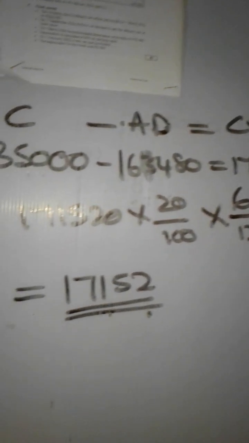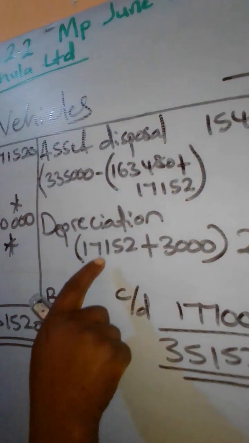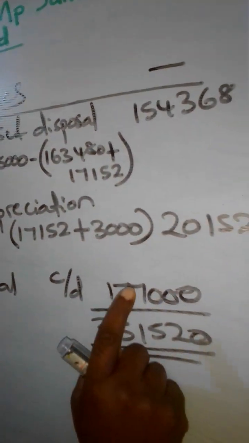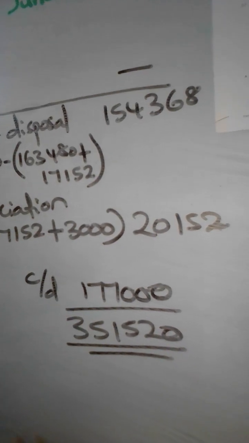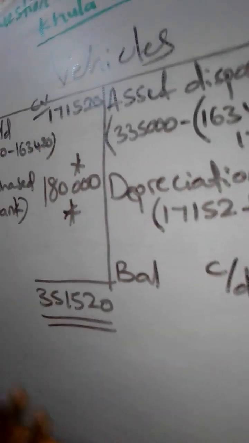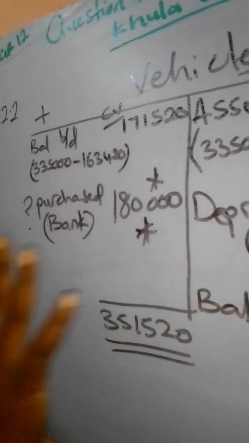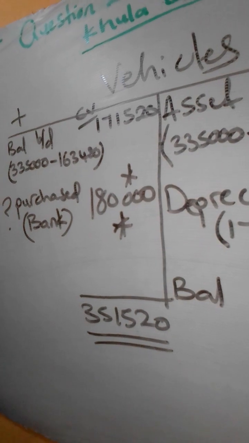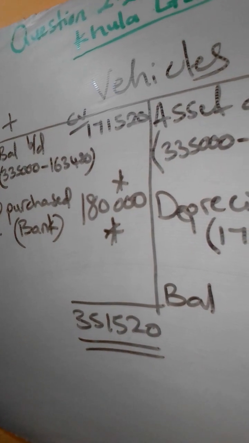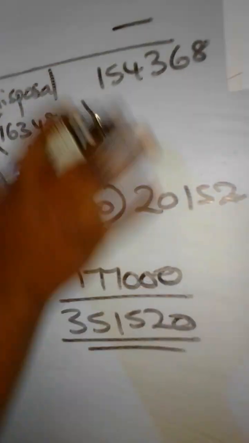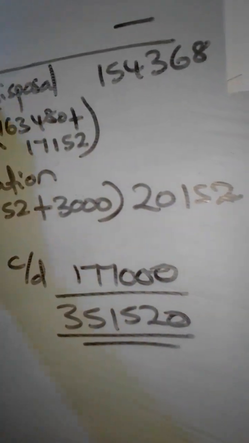Okay, here the total depreciation, you are also supposed to say the depreciation of the asset that was sold plus the depreciation of the new asset which was purchased. Okay, that is all using a T account. And then the other way that you are normally required to use when you're doing the cash flow statement is to say, okay, you can start by saying the balance at the end. It's more or less like you are adding everything on this side, you subtract everything on this side.